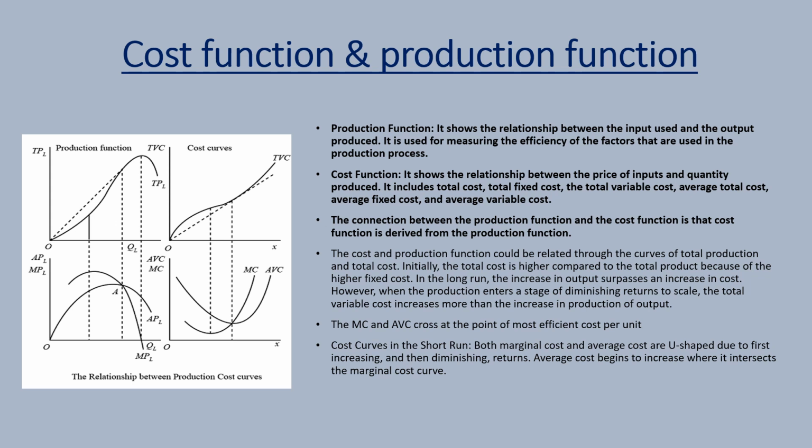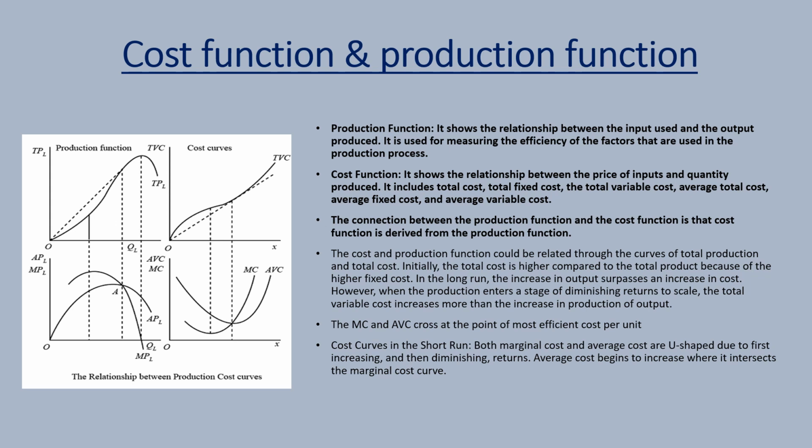So as you can see, it's a U-shaped graph where it starts really expensive, it goes down to the most efficient way of producing tomato paste, and then it goes back up as it becomes more inefficient. So the MC and AVC cross at the most efficient cost per unit.